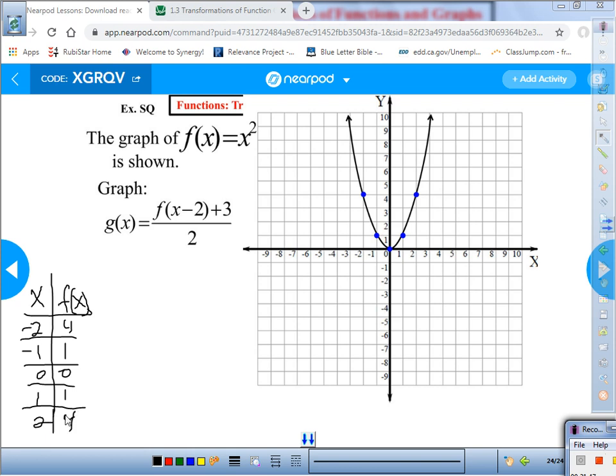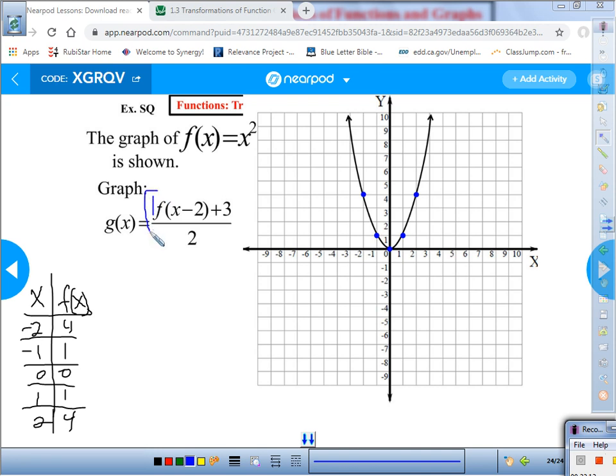Okay. But now they want me to use this transformation. You're like, Mr. Q, it looks weird because it has all that divided by 2. All right, then let's rewrite it so it can look similar to something we've done in the past. Let's see. Hold on. What is the invisible number that goes here?